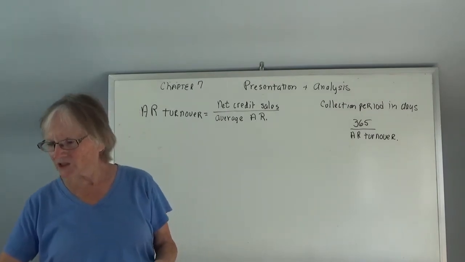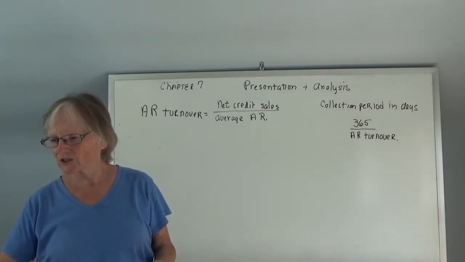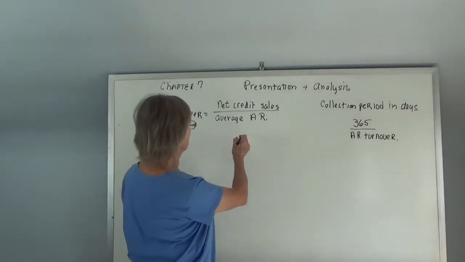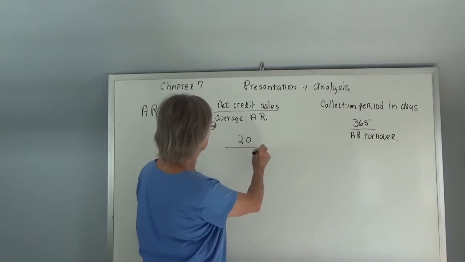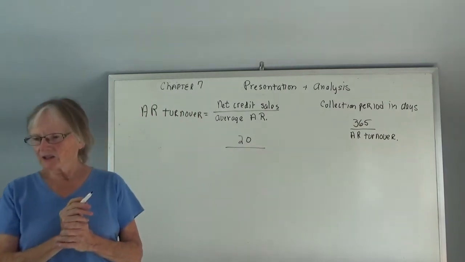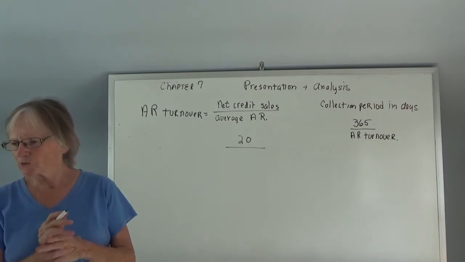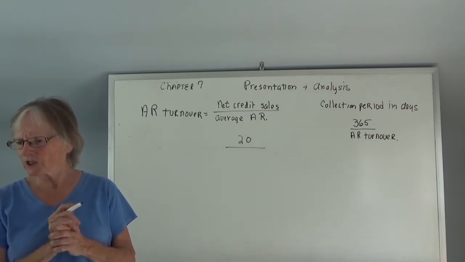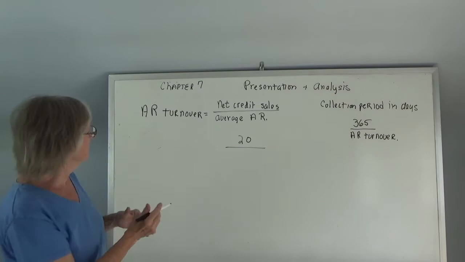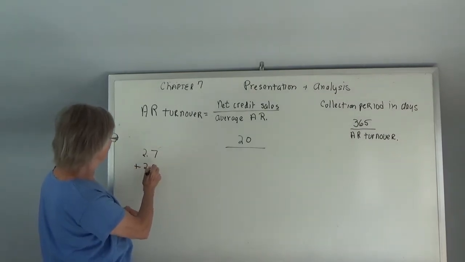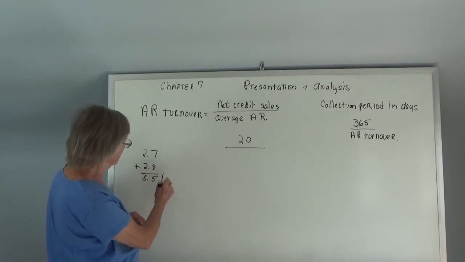So if we look at an example here, it says the company reported net sales of 20 billion. So we can just put 20, that's good. And then it says the accounts receivable at the beginning were 2.7 billion, at the end 2.8 billion. And so if we go 2.7 plus 2.8 billion, we get 5.5, divide by 2.